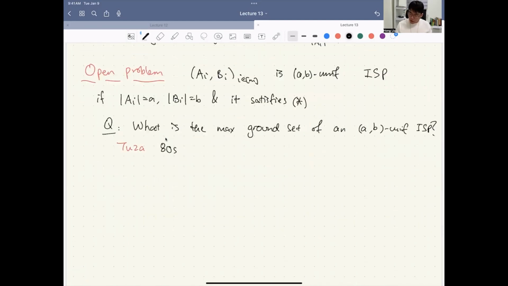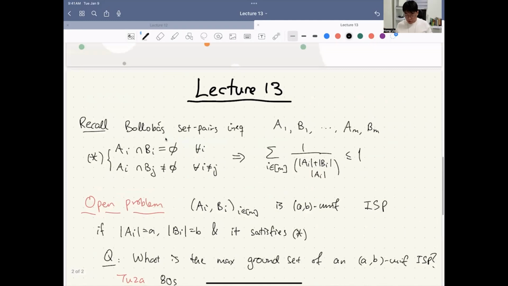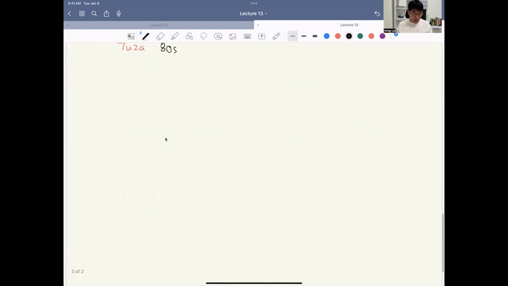Okay, so let's move on to applications. Let's first see an application of Sperner's theorem, a very nice one. Application of Sperner.